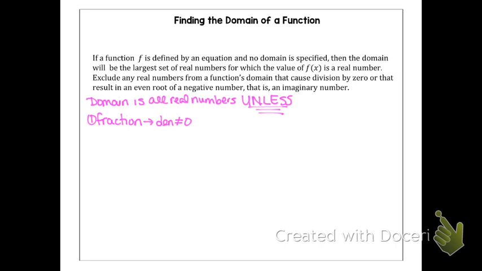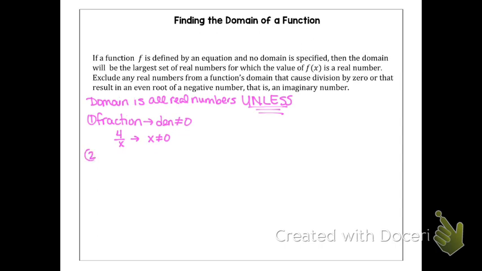Like if I have 4 over x, I set the denominator not equal to 0 and solve. In this case it's already solved, so I know it's all real numbers except x cannot equal 0. Then I just need to write that in interval notation.